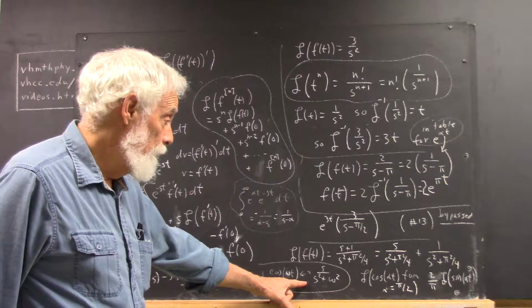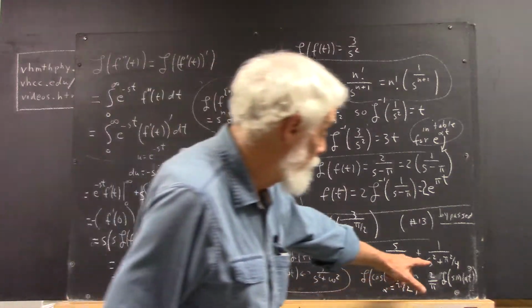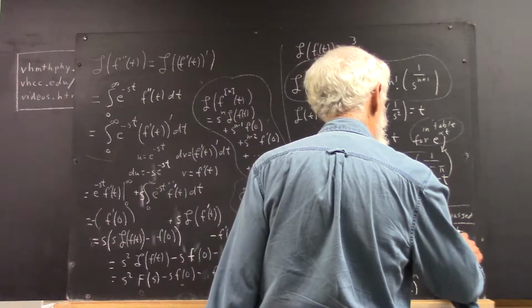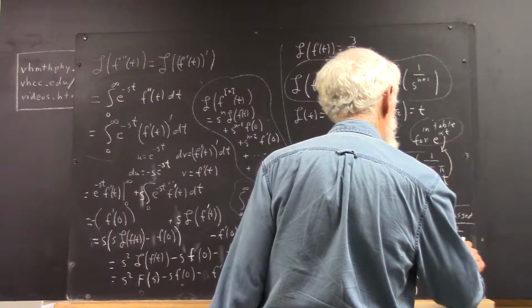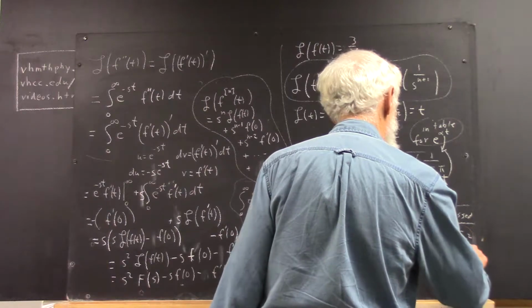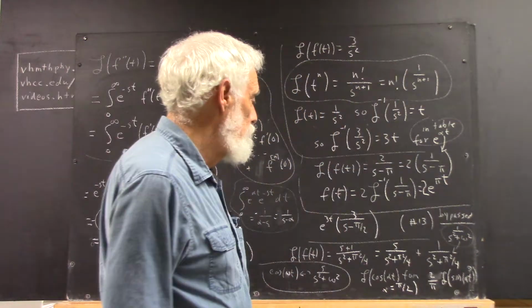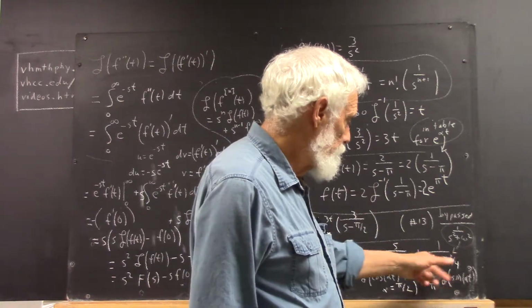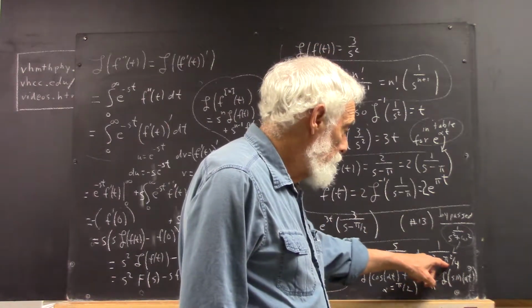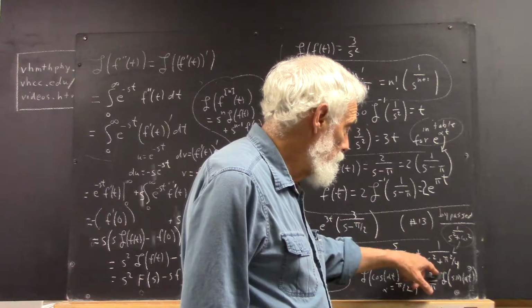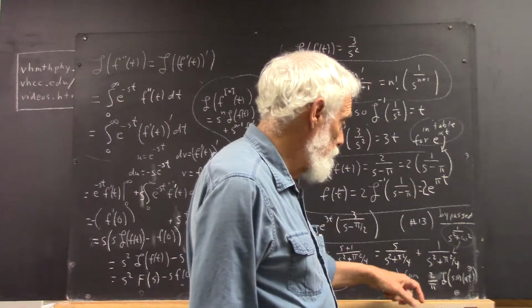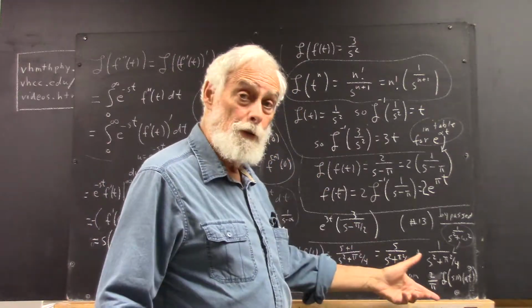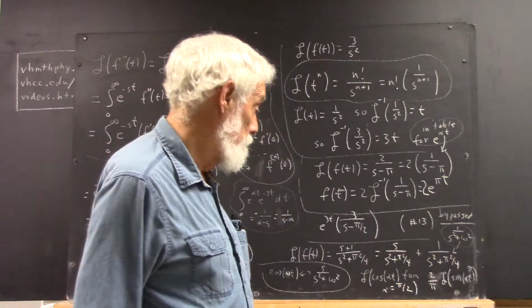Now, there's another thing on the table that fits this one. And that is 1 over s squared plus omega squared. So we look at the table and we find something that's of this form. In both cases, omega squared is pi squared over 4, so omega is pi over 2.